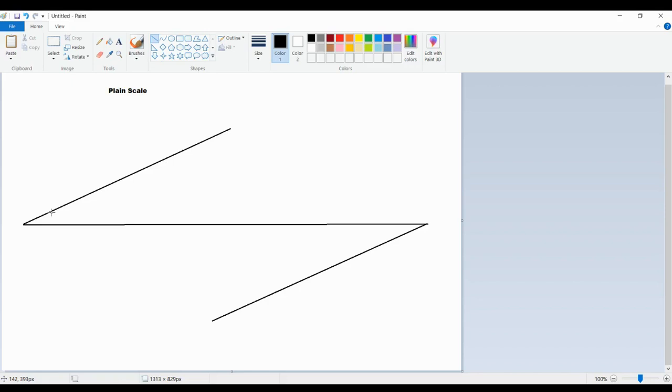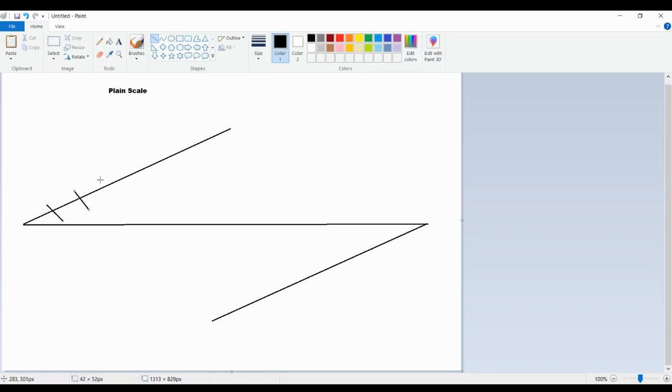You're going to pick up your compass and take any distance on that, and you have to make 7 arcs on these lines which you have drawn. So let's say 1. Then you're going to move your compass to this point and cut another arc of the same length. 2.